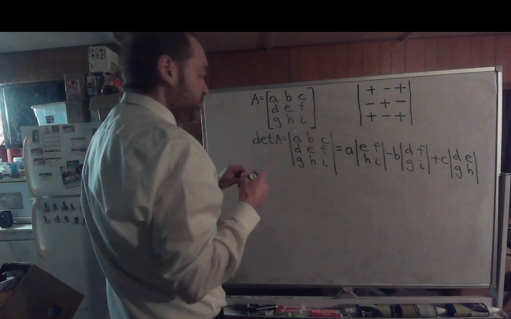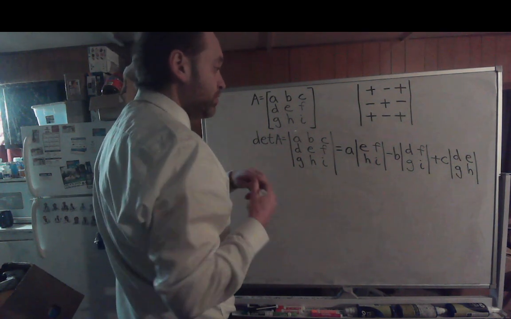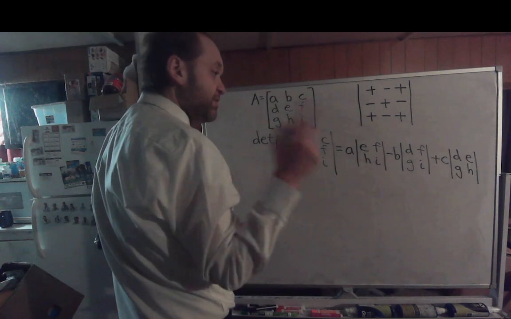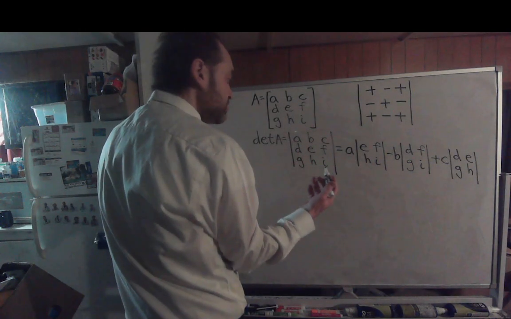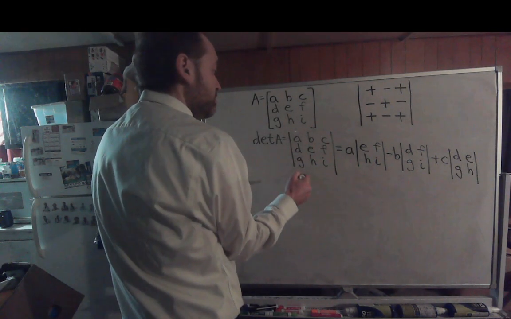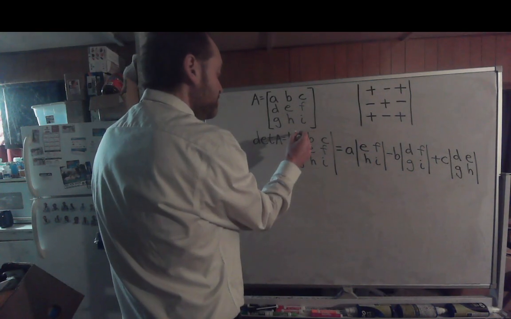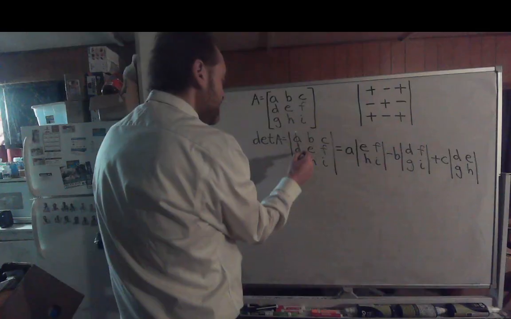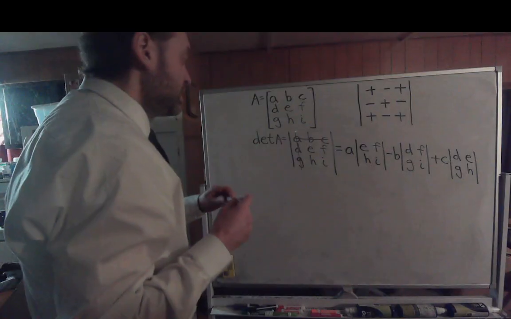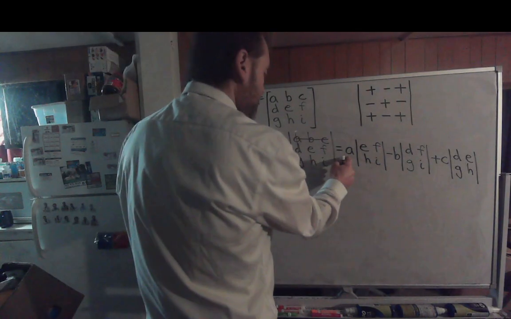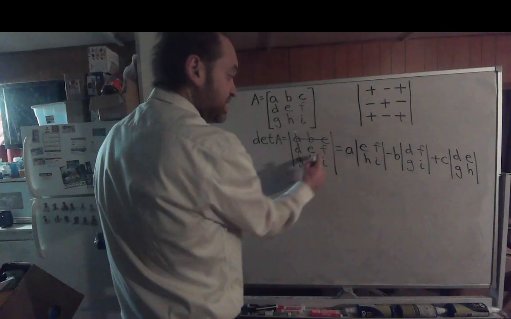Now, when you use that particular coefficient in a row, if it helps you, take a marker or a pencil or something. What you temporarily need to do is strike out that column and strike out the row you're using, because it's going to be A times the determinant of what's left over.